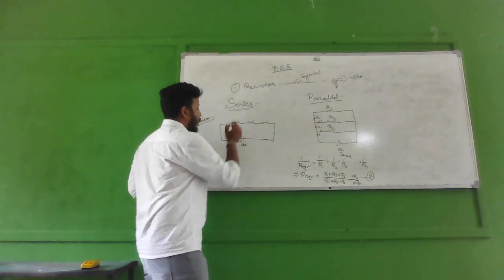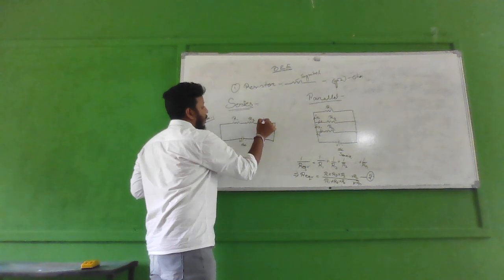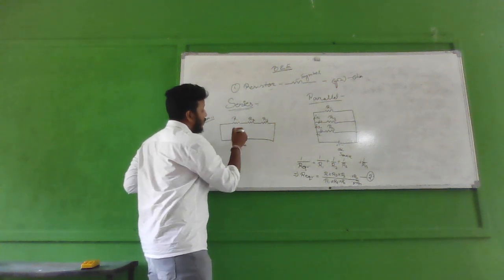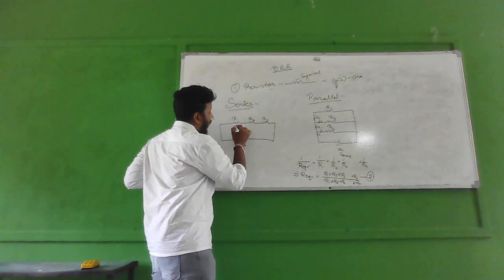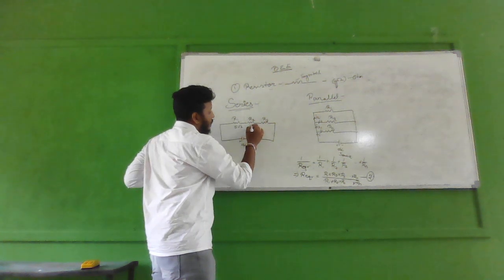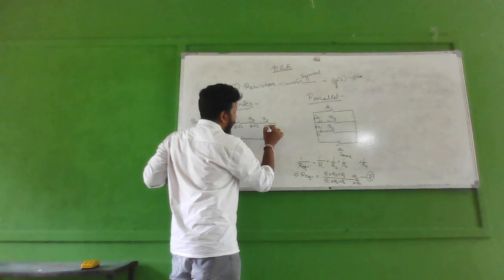Here we take R1, R2, R3. The value of R1 equals, let's say, 5, R2 is equal to 6, and the value of R3 equals 8.